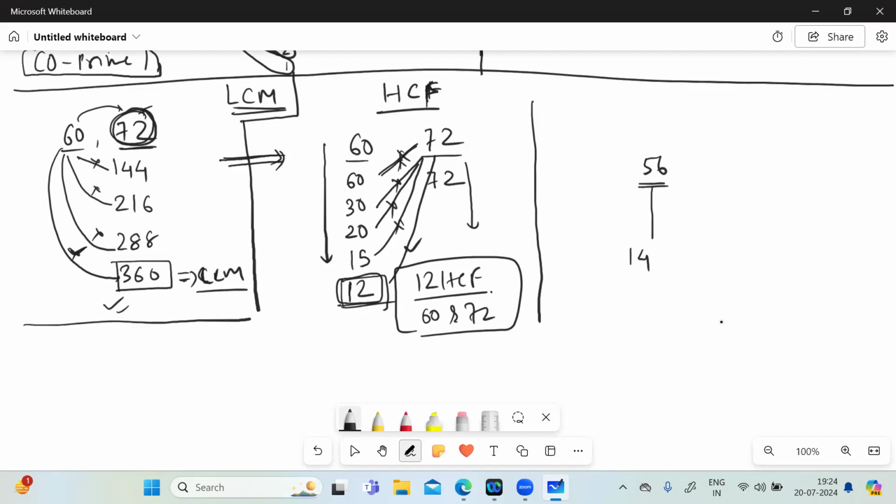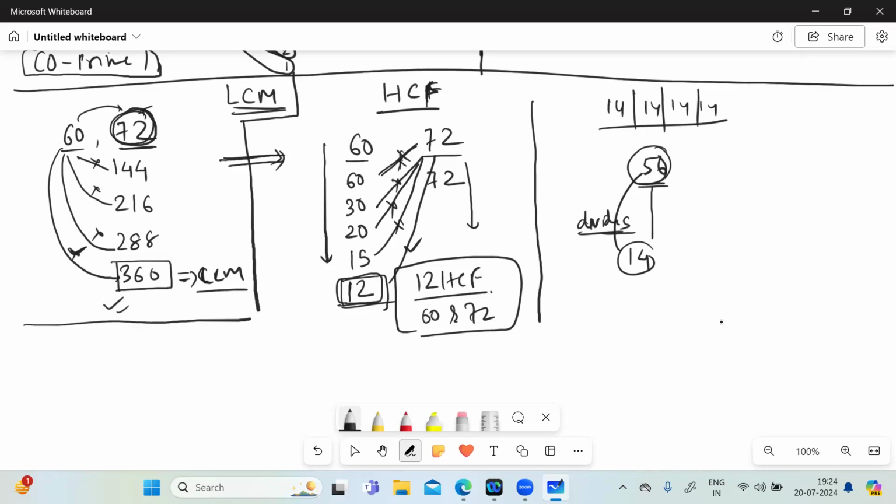So 14 divides 56. What do we mean by this? That 56 can be divided into integer sets of 14, like 14, 14, 14. In this way, I'll reach 56 in integer ways, like in 4 sets.